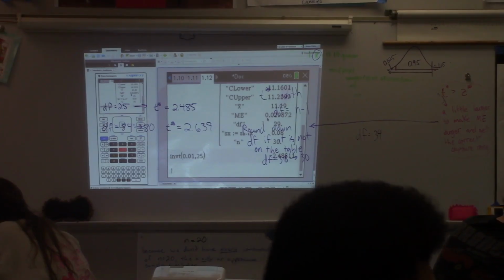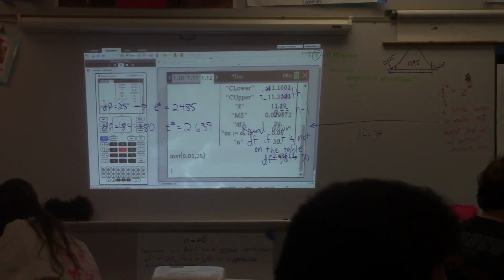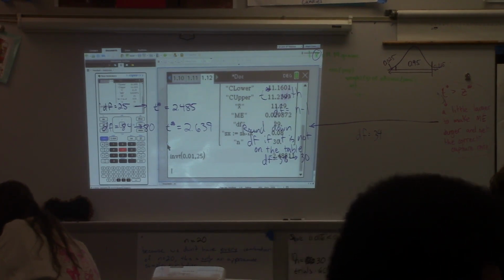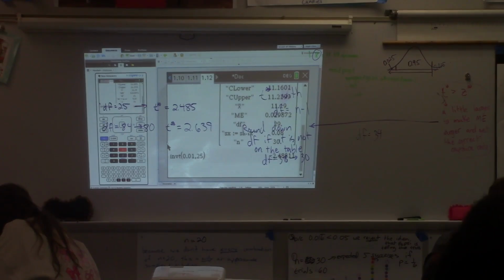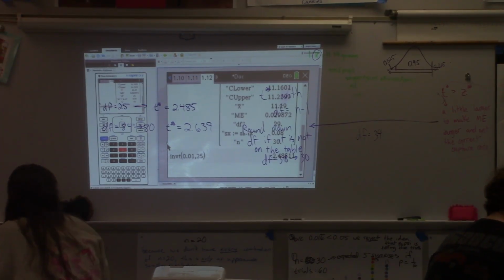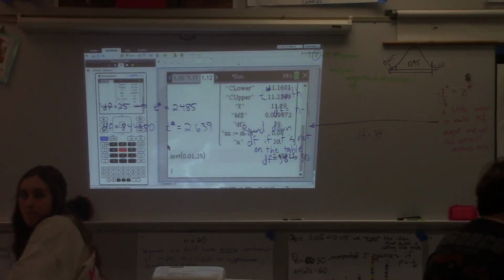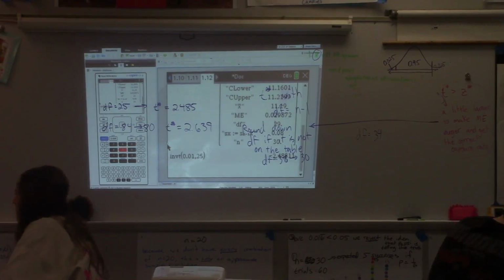I got 2.479, because you have to go one less. Did you do degrees of freedom as n minus 1, or did you do degrees of freedom of 26? I think you used too high of degrees of freedom. It needs to be 25.